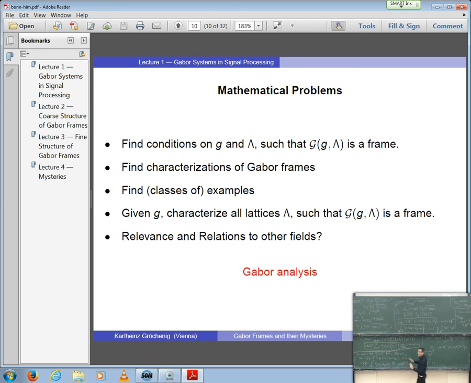But I think that in these few lines you can see the equivalence of the biorthogonality condition and the frame condition.